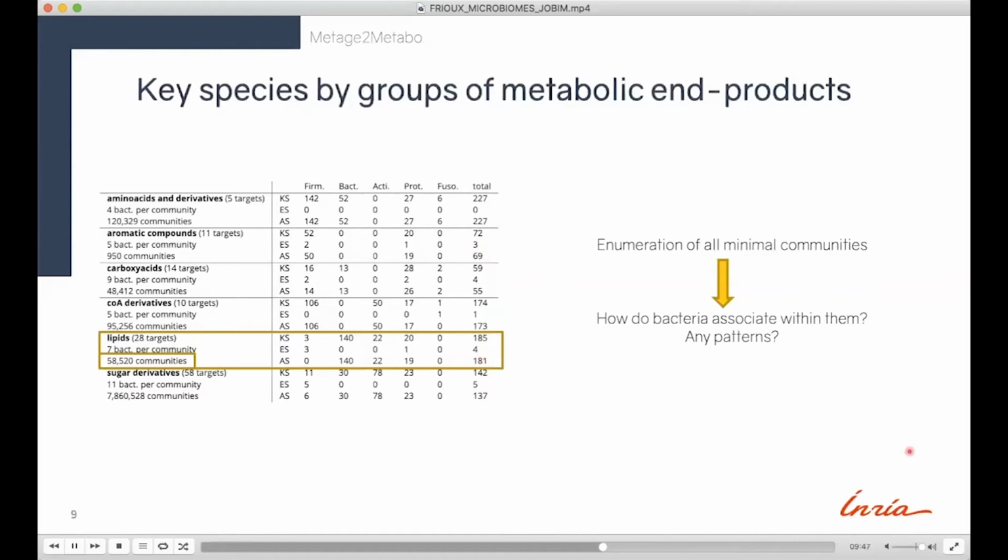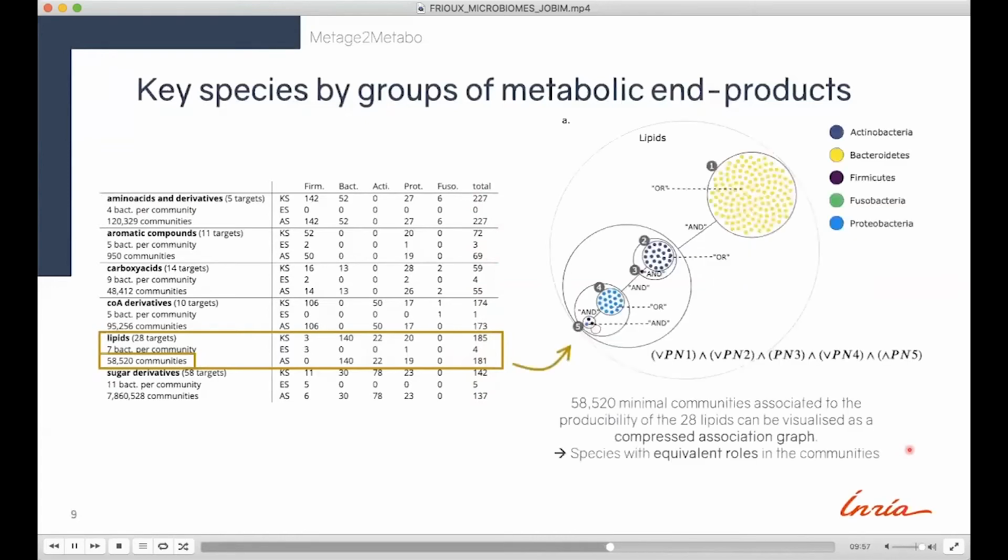We studied how these key species interact and connect with each other in communities by studying the composition of every enumerated community. It's very hard to represent 58,000 of 7 million equivalent communities. So we built association graphs and compressed them using power graph analysis.